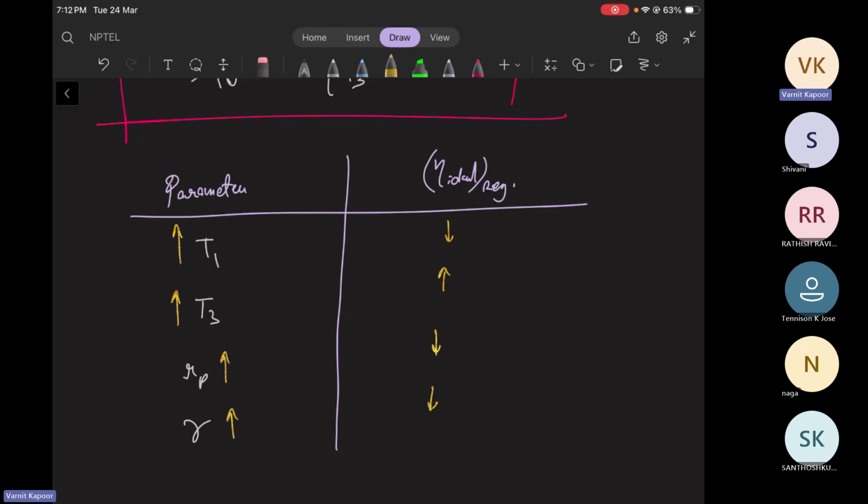One point to conclude here is that beyond a certain pressure ratio, the use of a regenerator becomes ineffective. Why? Because in that condition, the compressor outlet temperature exceeds the turbine exhaust temperature. So you cannot increase Rp to any value. We saw in the derivation that the maximum pressure ratio is the square of Rp optimum.